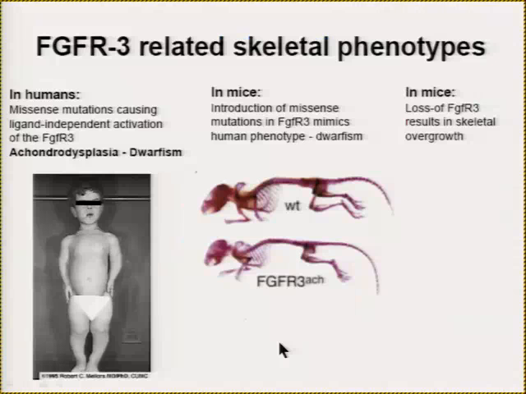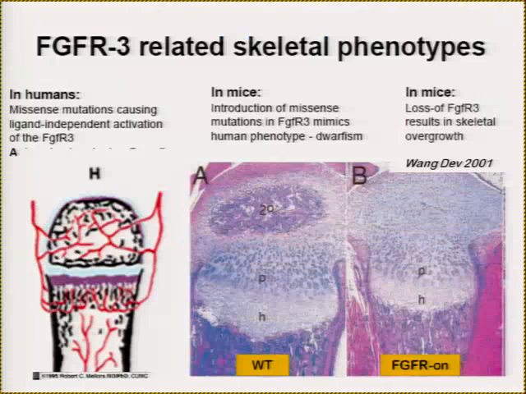And it's the same in the mouse as in the human. This is a problem with FGF receptor 3. And in the case of achondroplasia, FGF receptor 3 is constitutively on. So obviously that receptor being turned on stops the growth plate, stops the chondrocytes from continuing to proliferate.